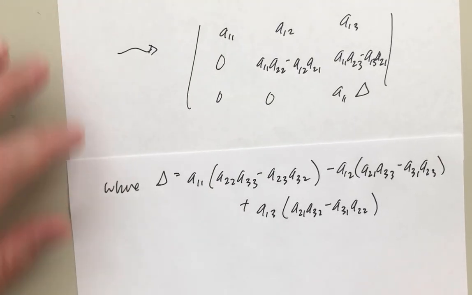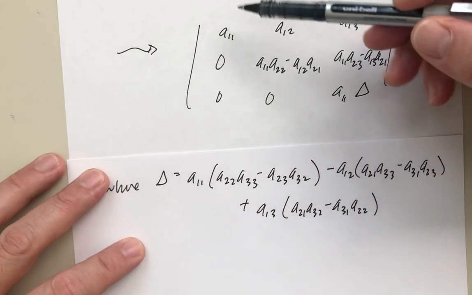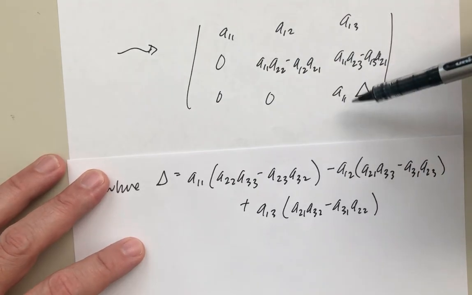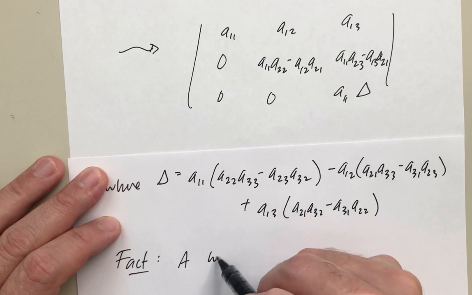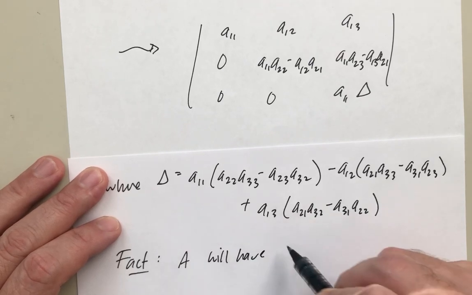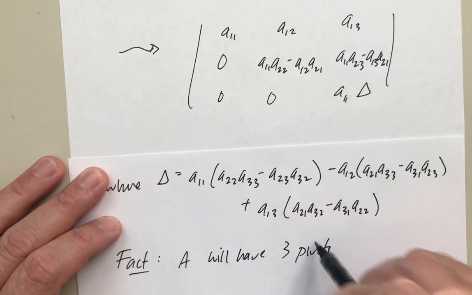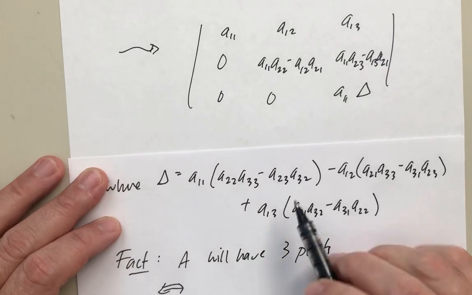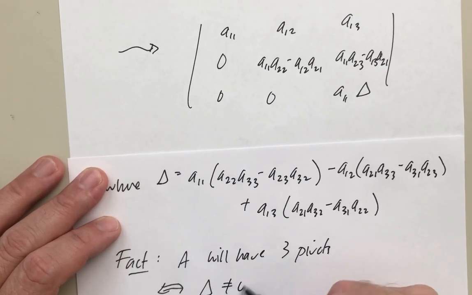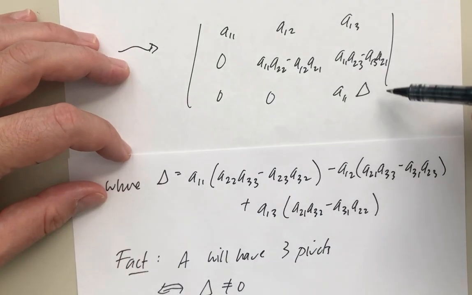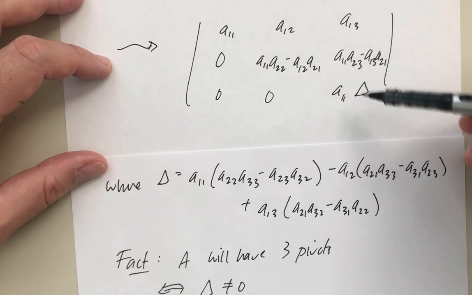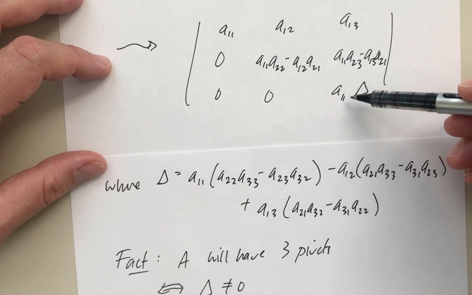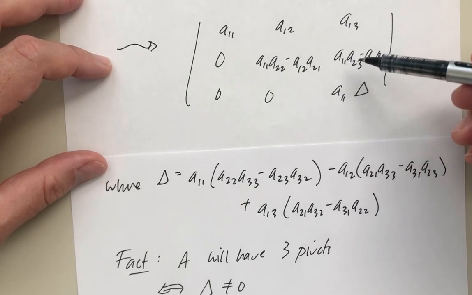So the first thing I want to point out is that I want to know when this thing has 3 pivots, and the fact is that A will have 3 pivots if and only if this number delta is non-zero. Of course if delta is 0, that's going to mess up this column here, because it makes this a 0, which means I'll be missing a pivot in this column.